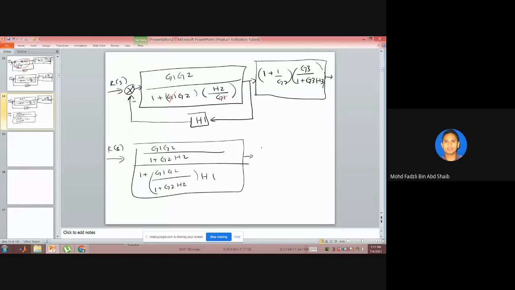This one, 1 plus 1 over G2, G3 over 1 plus G3, H3, right? This one multiply by this, right?